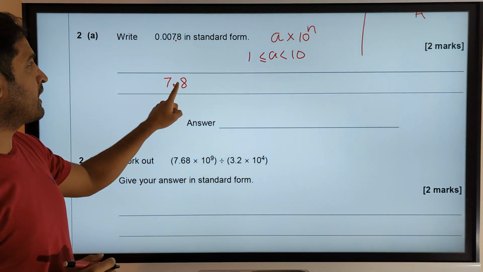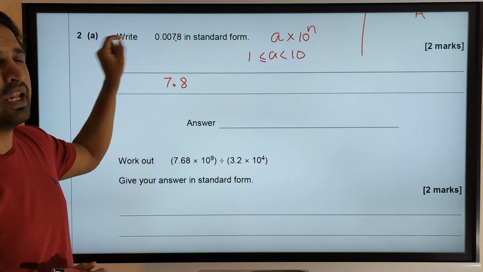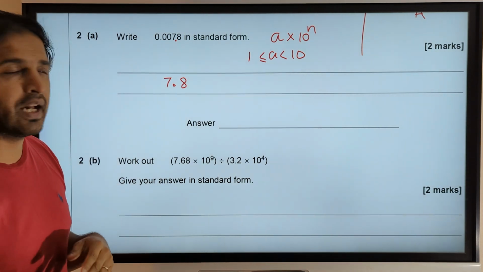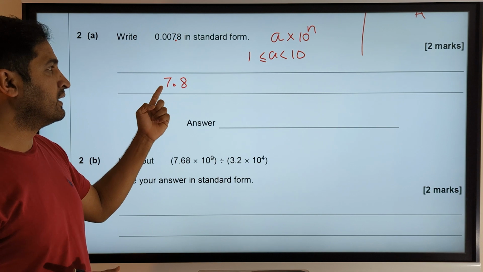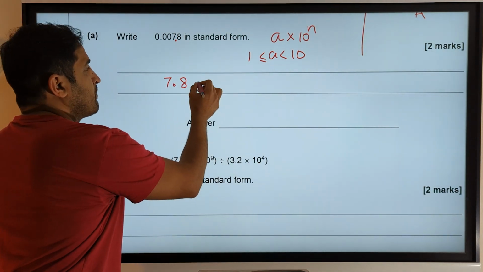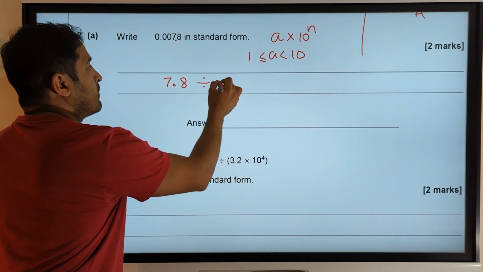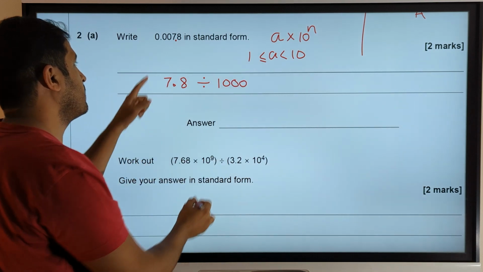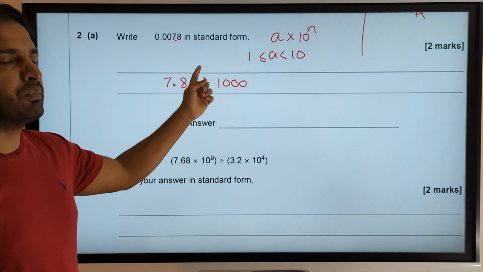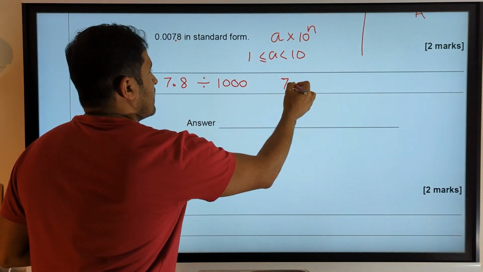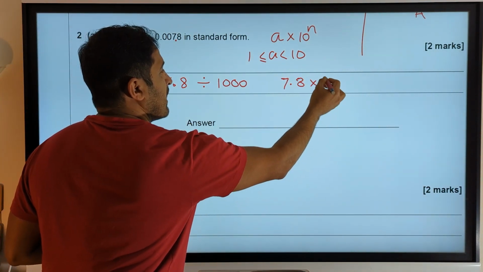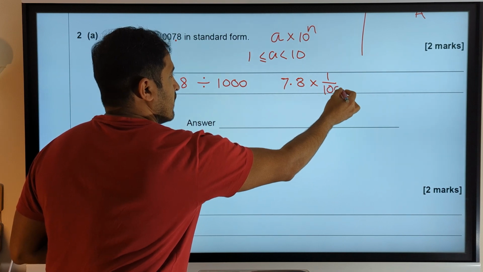So once you know it's 7.8, how do I go from 7.8 to 0.0078? I need to divide that number by 1000. I need to divide 7.8 by 1000 to write down the original number that we started with. So in other words, dividing something by 1000 is the same thing as 7.8 multiplied by 1 over 1000.